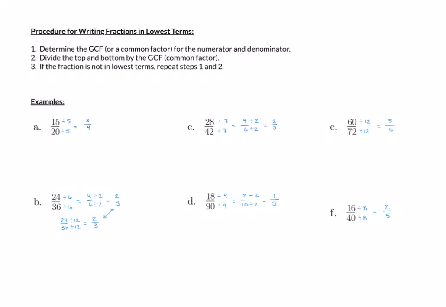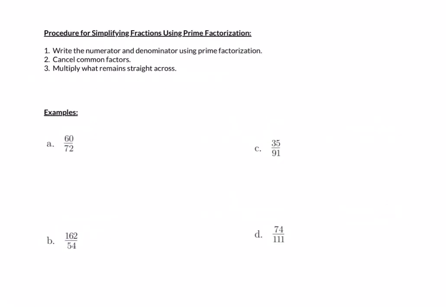Now, if you still struggle with your multiplication tables, there is another method that you can use in order to simplify fractions. What we're going to do is use prime factorization. This is going to allow us to work with just one number at a time.